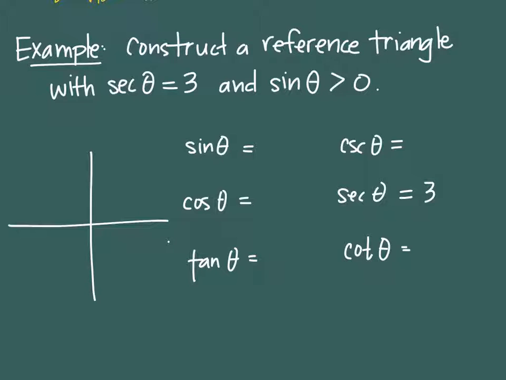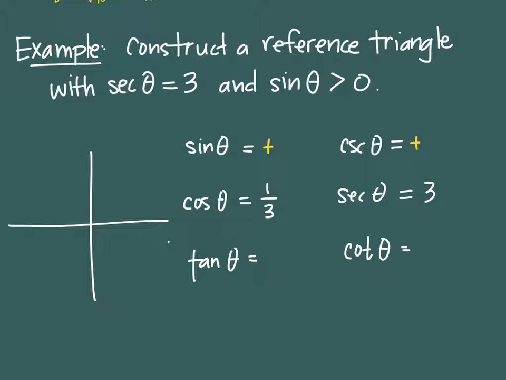What does that tell me about cosine? What does cosine have to be in order for secant to turn out to be 3? It had to have been 1 over 3, because they are reciprocals of each other. I also know that sine is positive, so sine's going to be a positive number, which means cosecant will be a positive number.